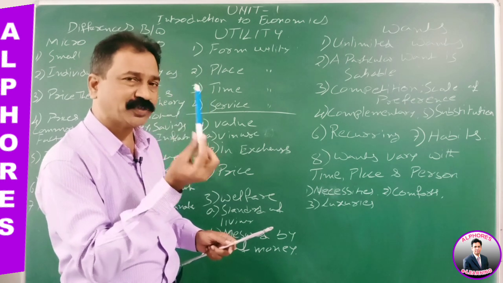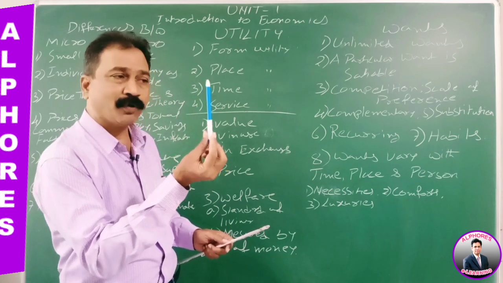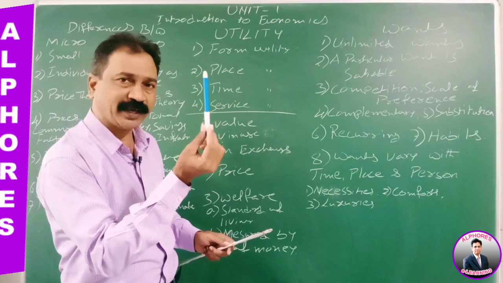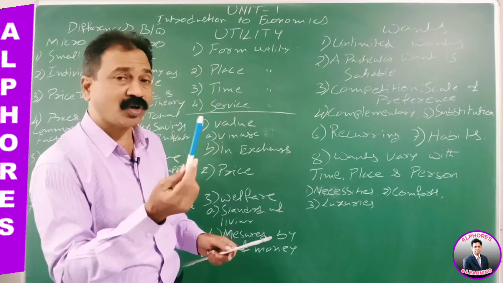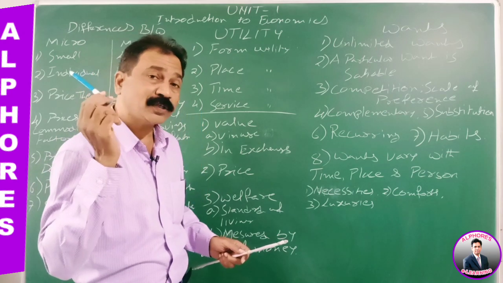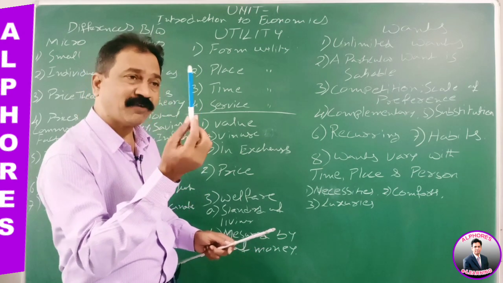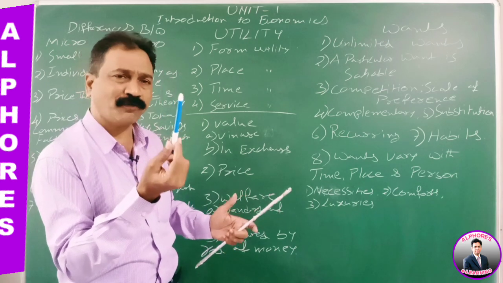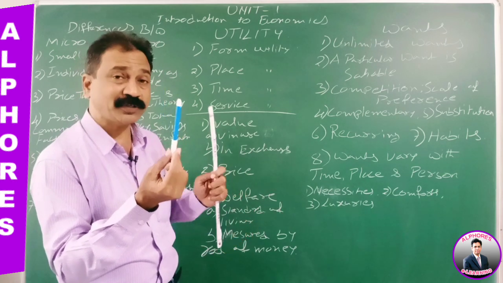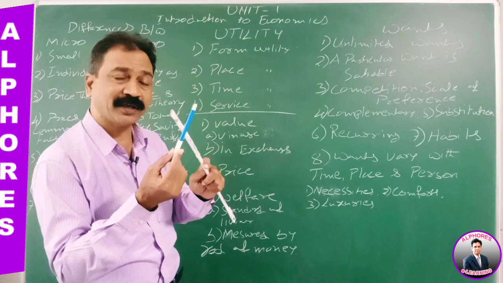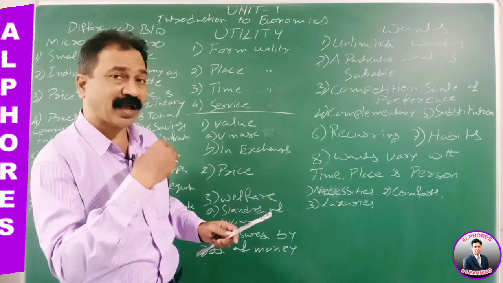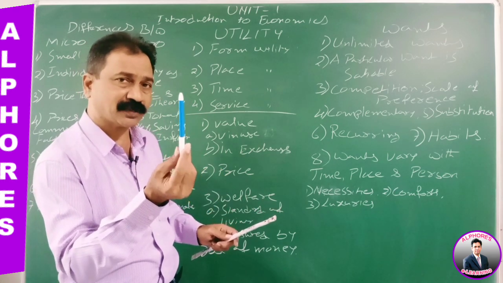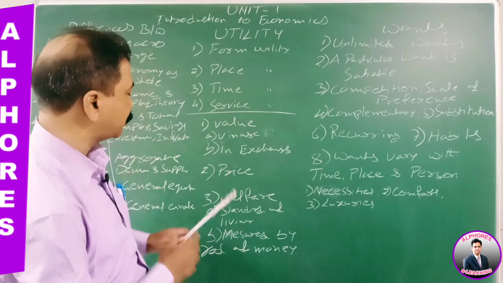I paid 5 rupees in exchange for this pen, so 5 rupees is the price of this commodity. Cost is what is spent by the producer to manufacture this pen. Maybe it is 3 rupees or 2 rupees or 1 rupee or 4 rupees, we don't know. But whatever is spent by the producer on this commodity is cost. Whatever I paid to have it, 5 rupees, is price.